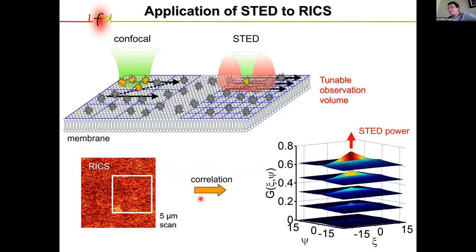The other maybe advantage is that because we are probing a smaller volume, considering the same number of molecules, on average, we now have less inside the smaller volume, so the fluctuations will be larger, which will increase the correlation amplitude.